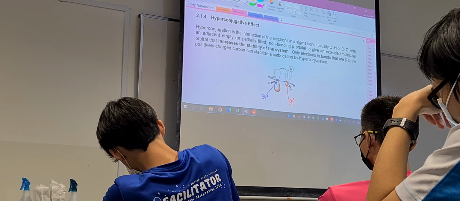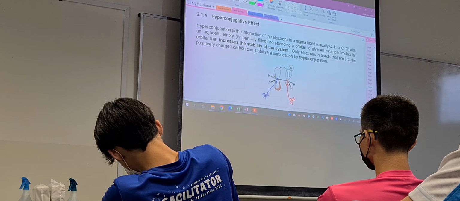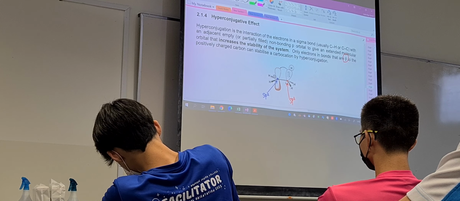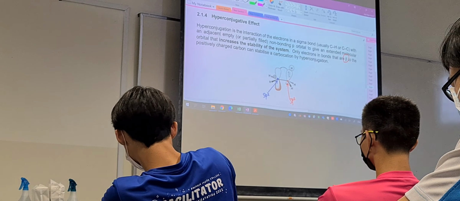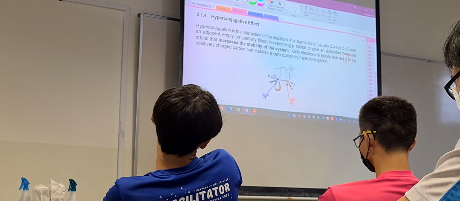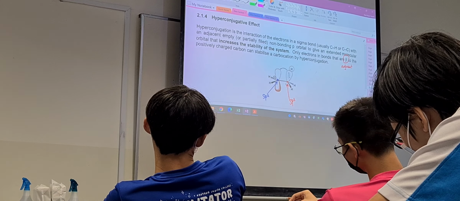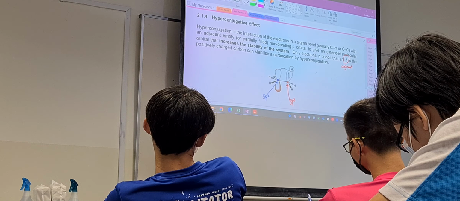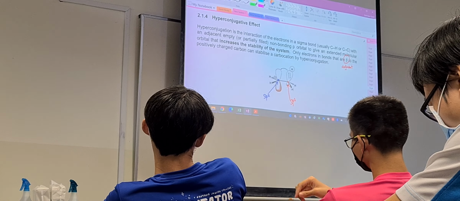So that's actually called hyperconjugation. And you notice this symbol here, beta. Only electrons in the bonds that are beta to the positively charged carbon. The beta is just basically referring to adjacent. In a lot of textbooks, it's called beta. It's just adjacent to the positively charged carbon. You can stabilize it. It's what we call hyperconjugation.